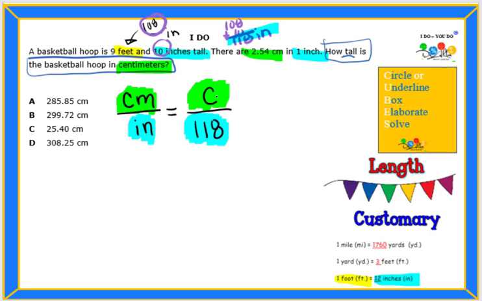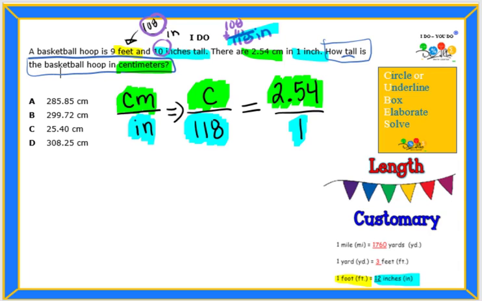And what we already know is that 2.54 centimeters is equal to 1 inch. So we have our proportion. Now I want to use my cross products.